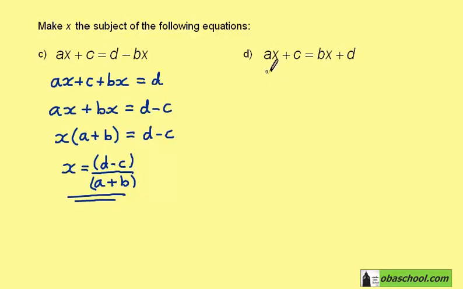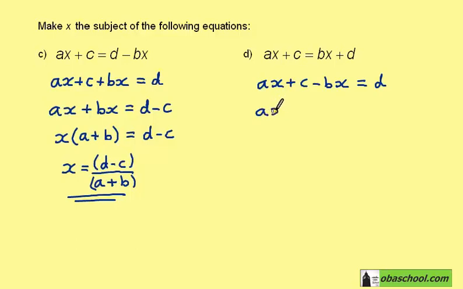We now have ax plus c is equal to bx plus d. Subtracting bx from both sides gives ax plus c take away bx is equal to d. Now subtract c from both sides.